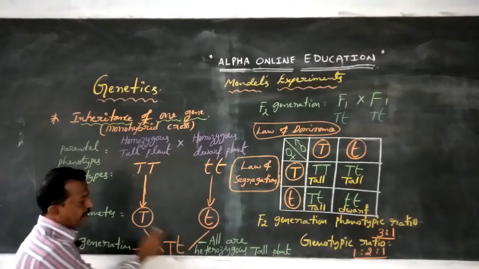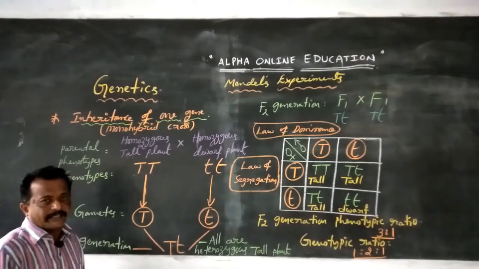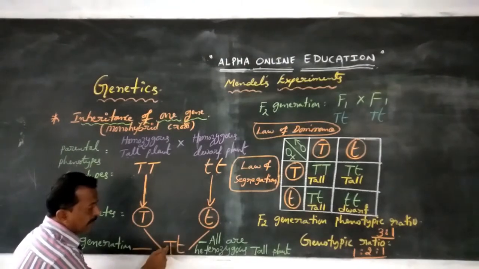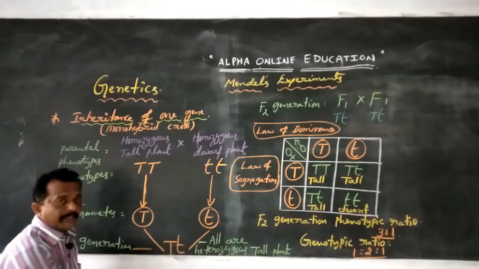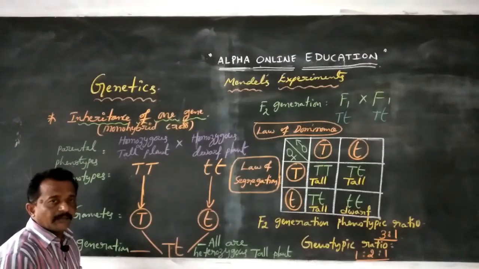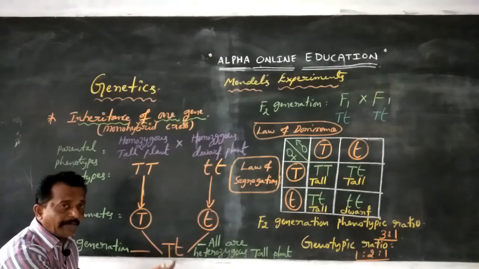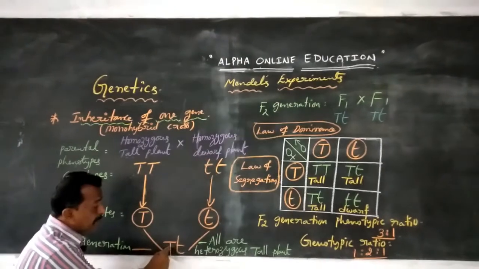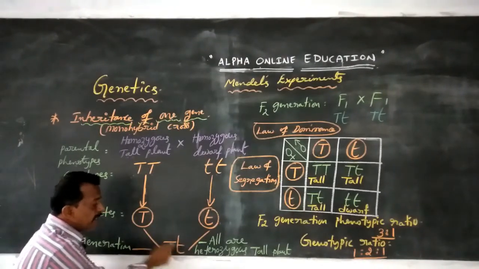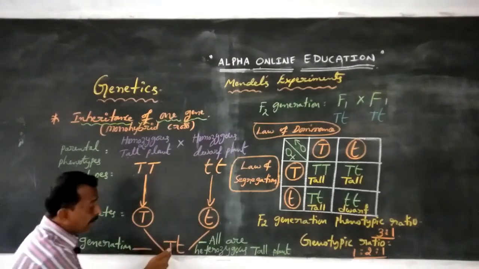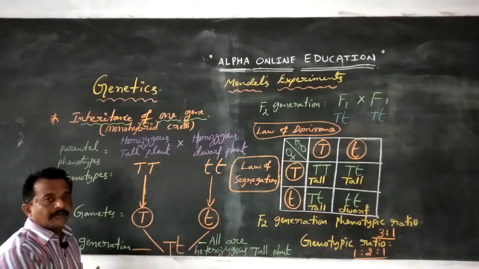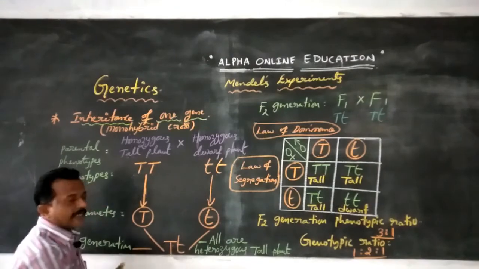This is heterozygous. Why? Because two dissimilar kinds of gametes are expressed. One individual organism has two dissimilar types of genes, capital T and small t, hence the name heterozygous.